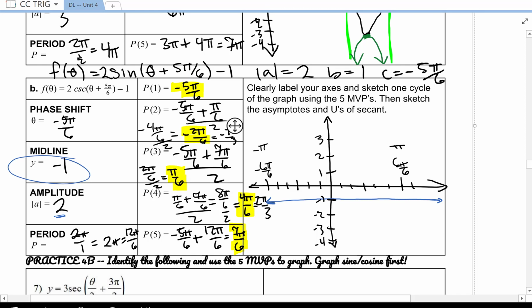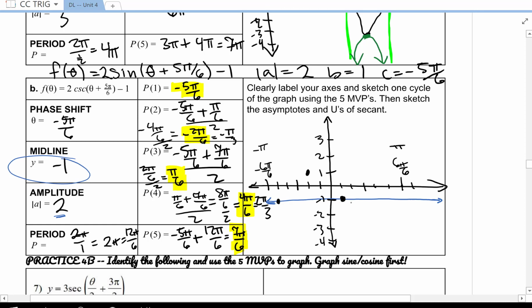This is sine, so we start at the midline. At -5 pi over 6, we start at the midline. At -2 pi over 6, we go up to the positive amplitude, which is 2. So 2 above -1 is +1. Then at pi over 6, we are back at the midline.